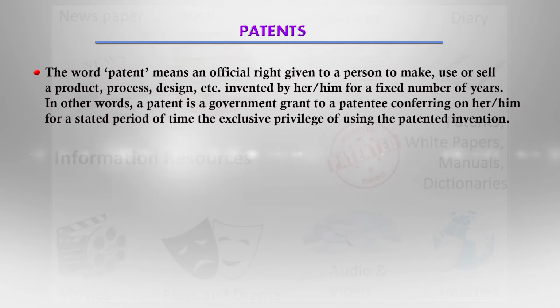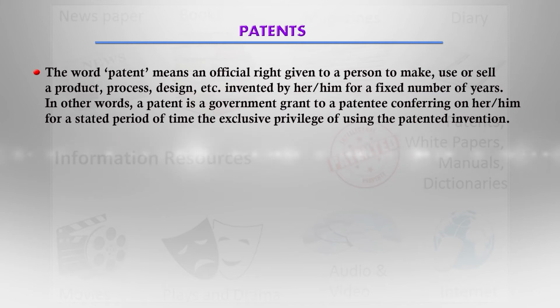Then comes the patent. As we know, the word patent means an official right given to a person to make, use or sell a product, process, design, etc., invented by her or him for a fixed number of years. In other words, a patent is a government grant to a patentee on his or her invention or discovery for a stated period of time.